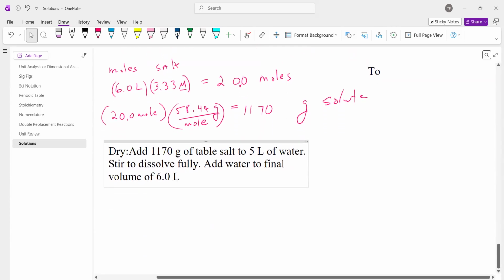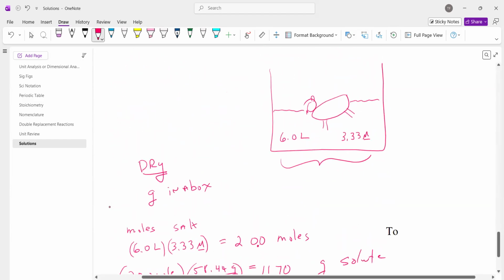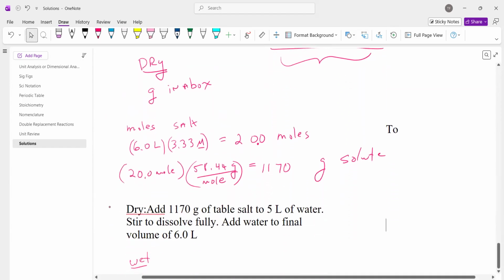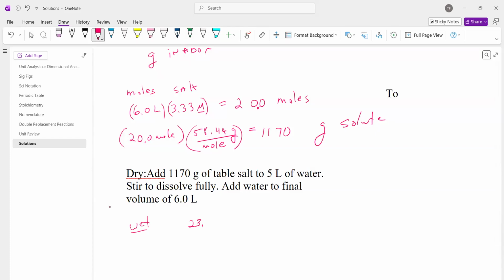Okay, so let's look at the wet approach now. At the store, the concentrated brine comes as 23.9 moles per liter.